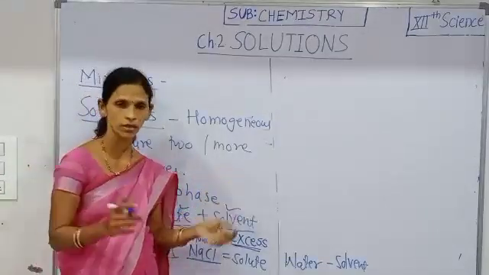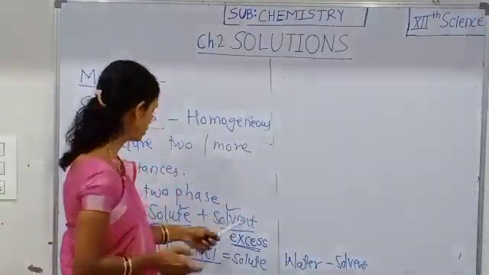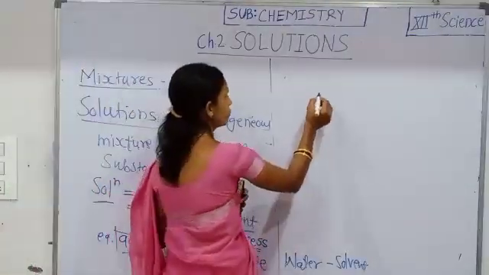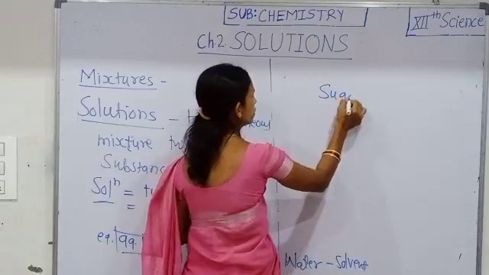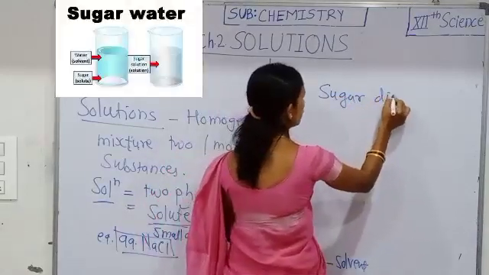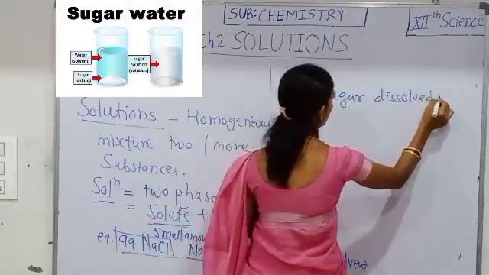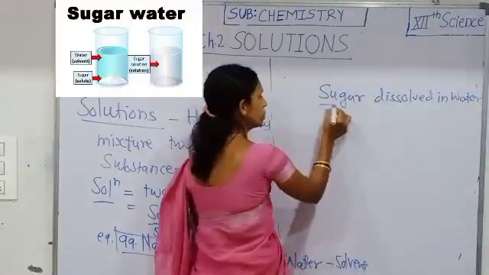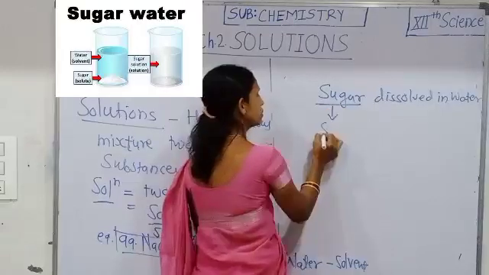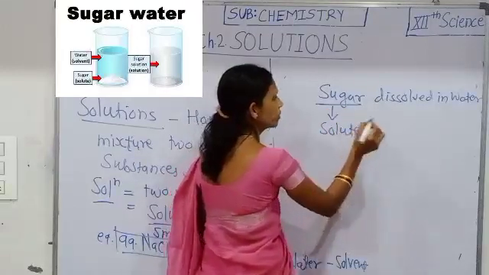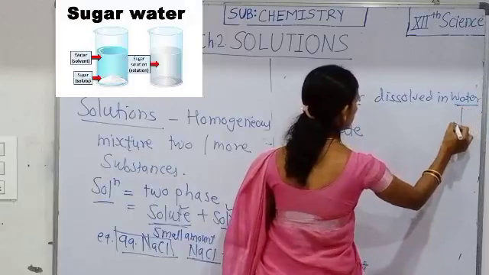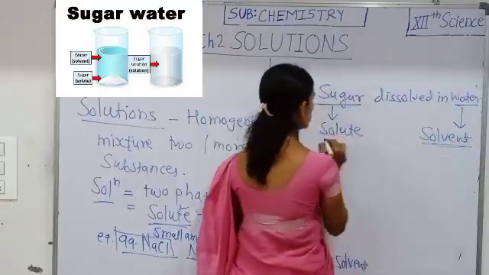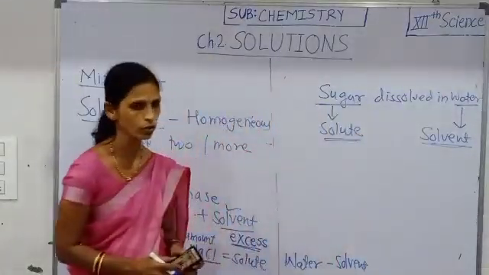One more example: if sugar is dissolved in water, then in that sugar solution, sugar is the solute and water is the solvent.